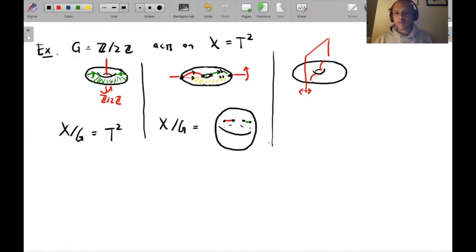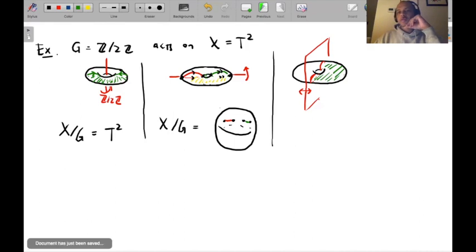Let's do this last example. So here, these two red curves are fixed pointwise by this reflection. We're doing a reflection across this plane that I've drawn here. So this region on the right contains 1 point in each orbit. This green part gets sent over to the other side.